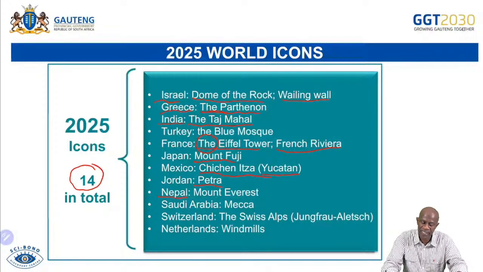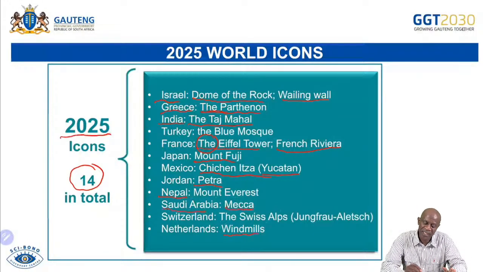This is the country where it is located. And in Saudi Arabia, you have Mecca. And in Switzerland, you have the Swiss Alps, also known as Jungfrau Alps. And in Netherlands, you have windmills. These are your 14 icons for you to study in this academic year.